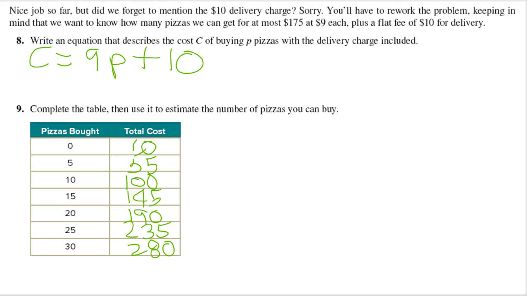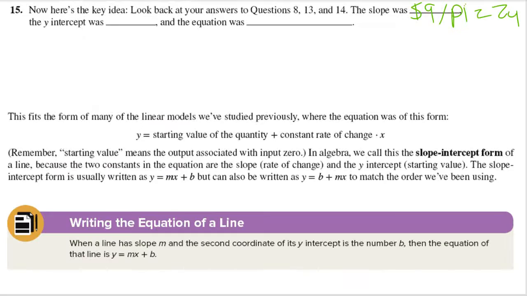So question 8 is where we had started with the $10 delivery charge. So in all of those questions, the y-intercept was $10. And the equation was C equals 9p plus 10. We wrote some different inequalities using that equation, but that was our equation.